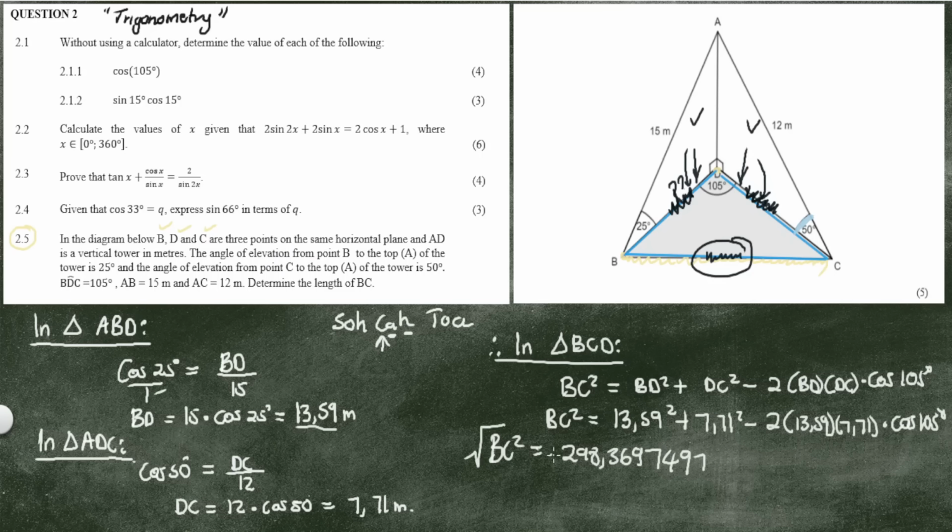Then we take the square root on both sides. Taking the square root of the answer, I'm getting BC equal to 17.27 meters. So this is how we calculate BC for this tower.